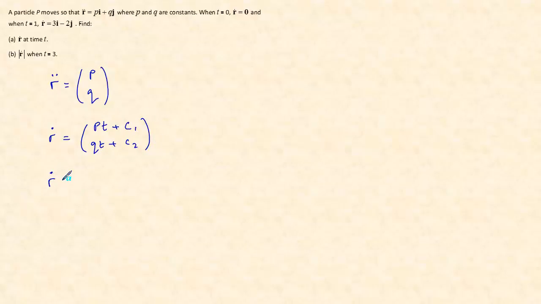Now r dot of 0 is equal to (0, 0), the 0 vector.